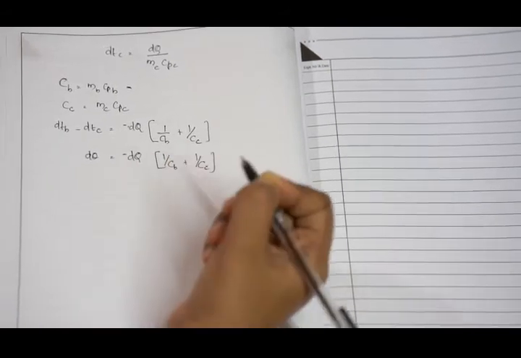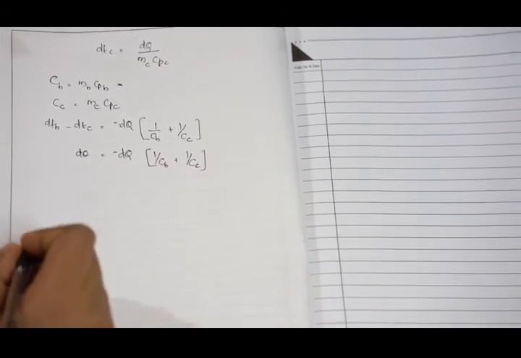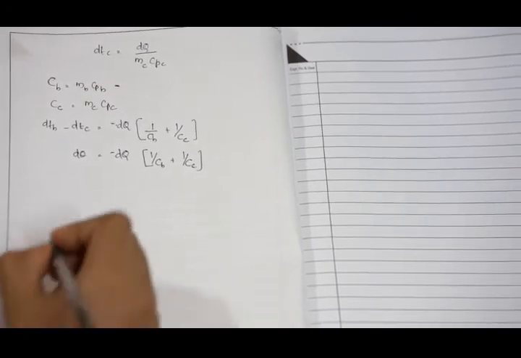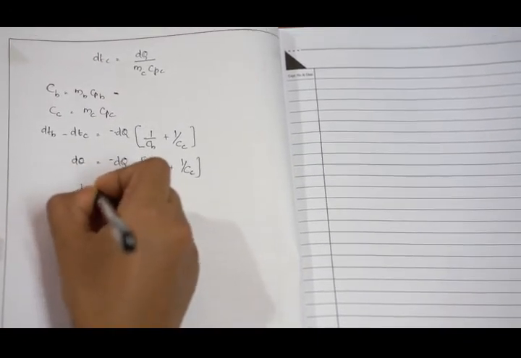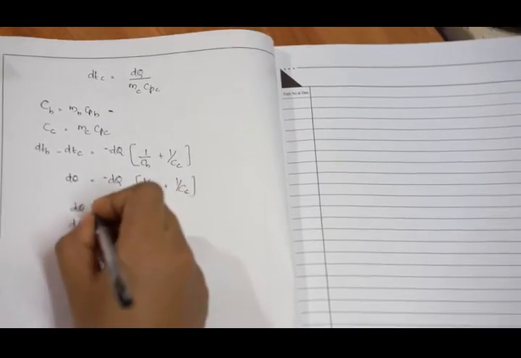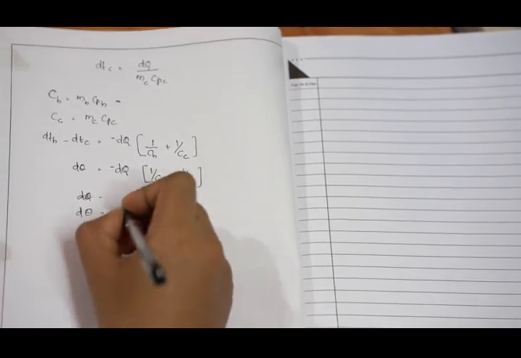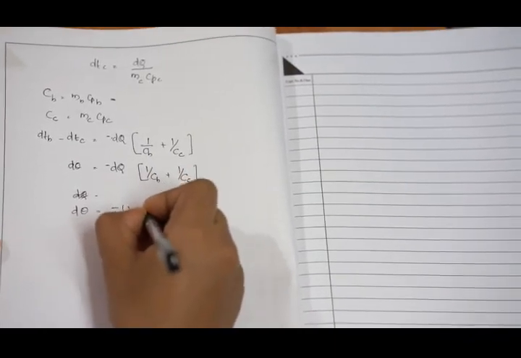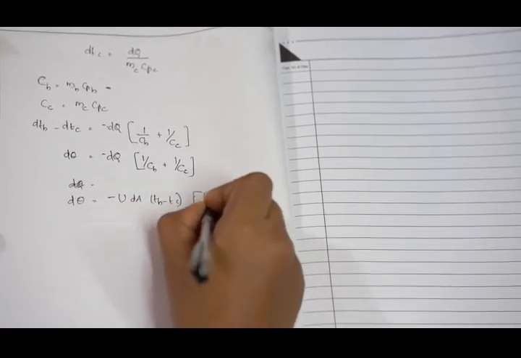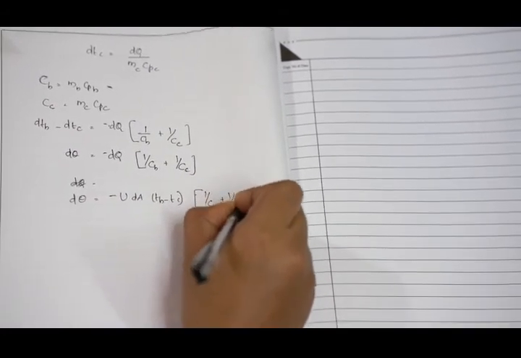Substituting the value of dq from the previous equation, d theta is equal to minus U dA into (Th minus Tc) into (1 by Ch plus 1 by Cc).